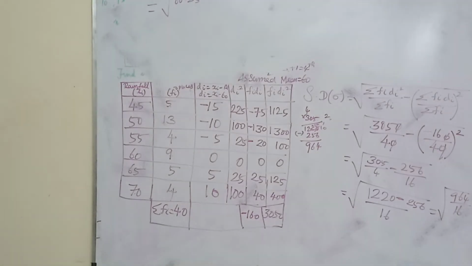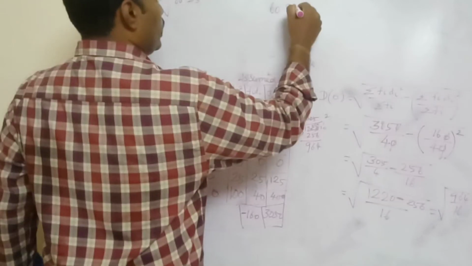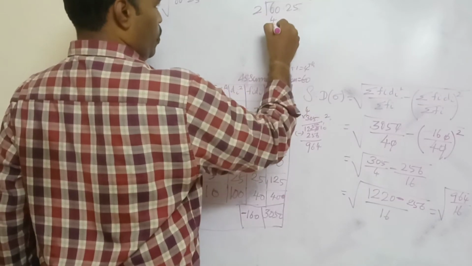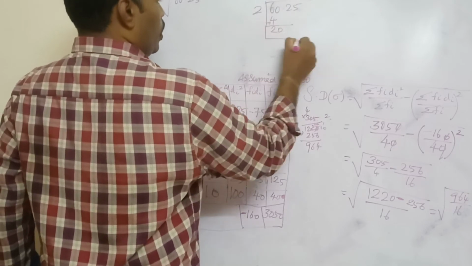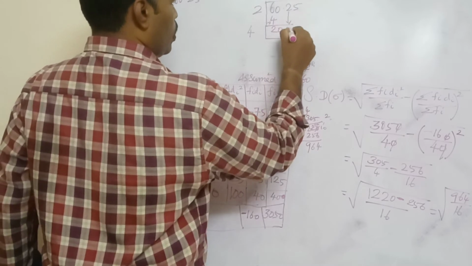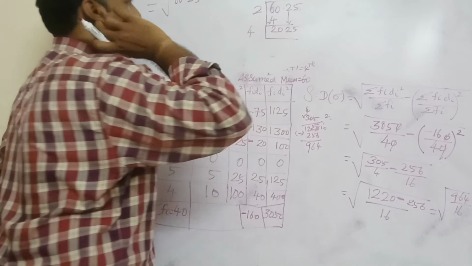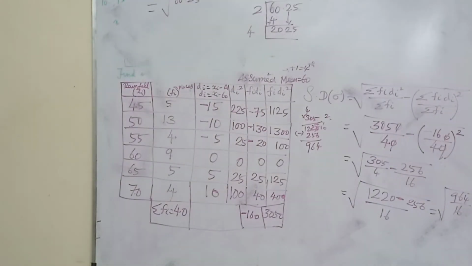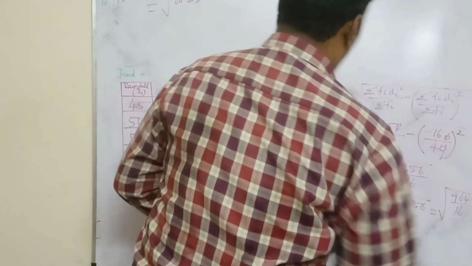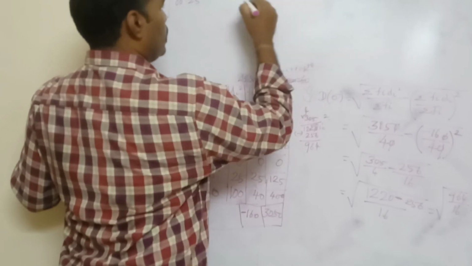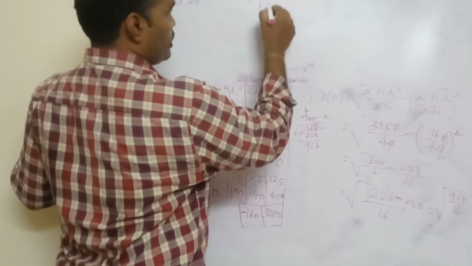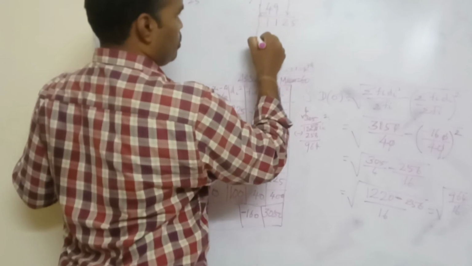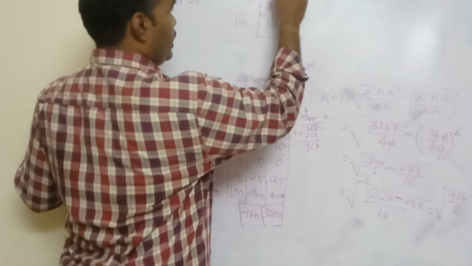Now taking the square root of 60.25, how much will the value be? 7 sevens are 49, so we take 7, and then the decimal point.